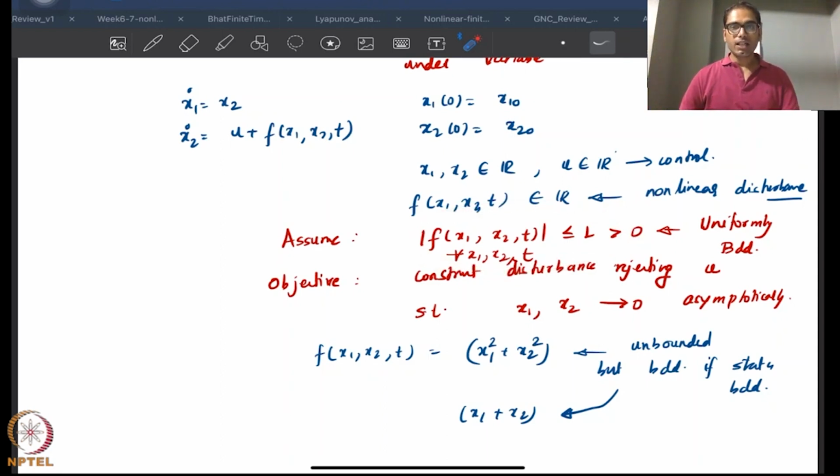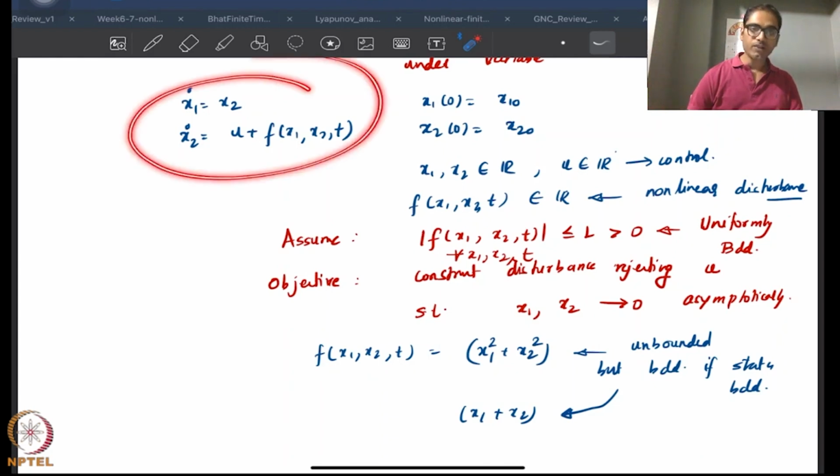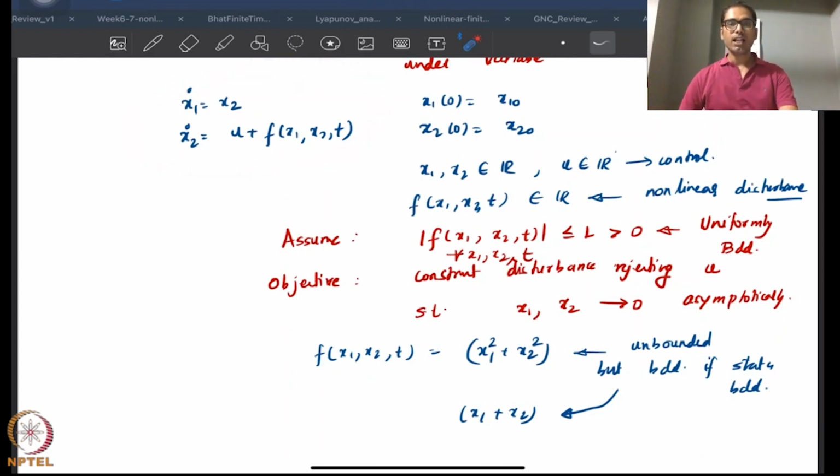All right. So this is the double integrator type of system that we start off with, and we are looking to design a sliding mode control.